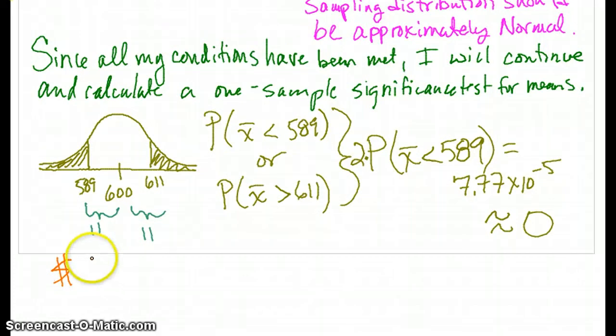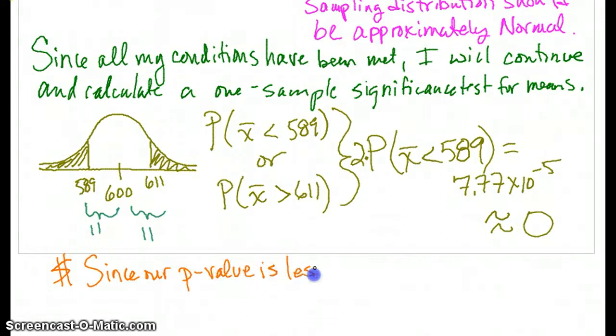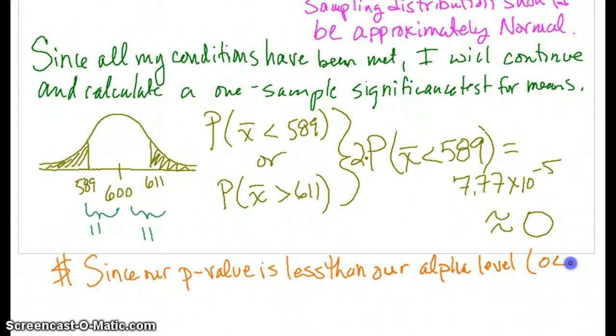Money statement says 3 parts. Since our p-value is less than our alpha level, right? Because I think 0 is less than 0.05, right? We reject H sub O. What does that mean?